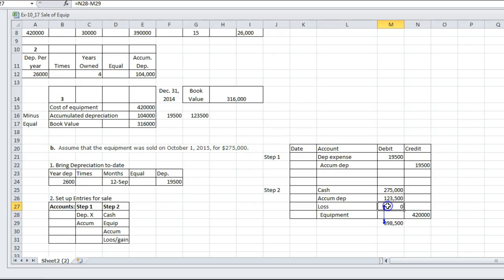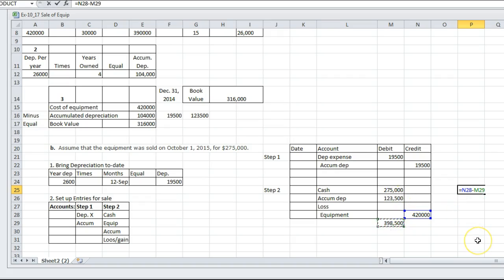Well, isn't that interesting? Okay, so let's do it over here. Equal 420,000 minus 398,500.